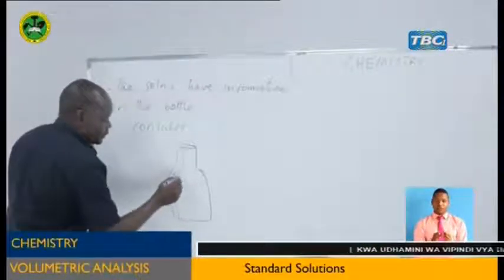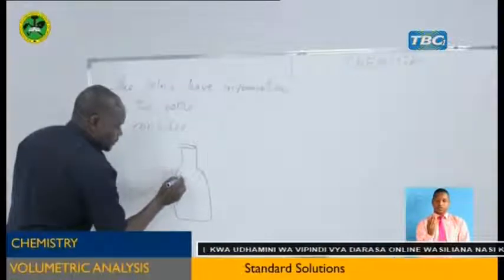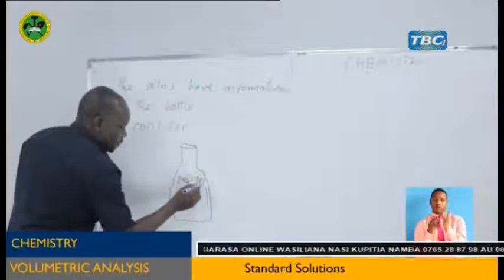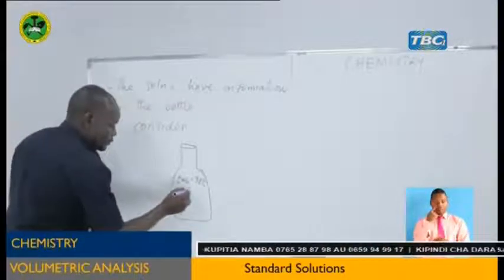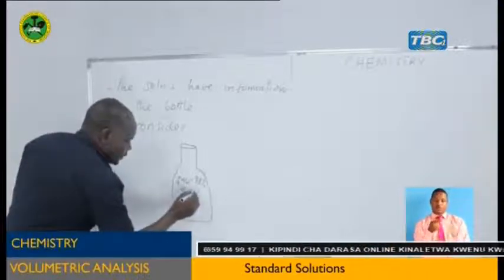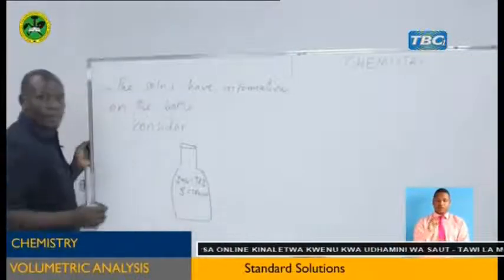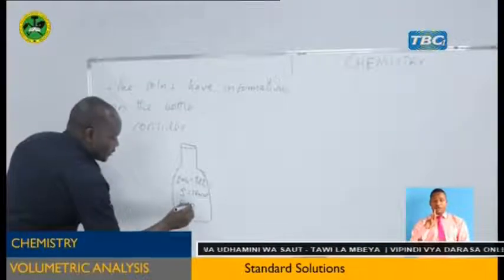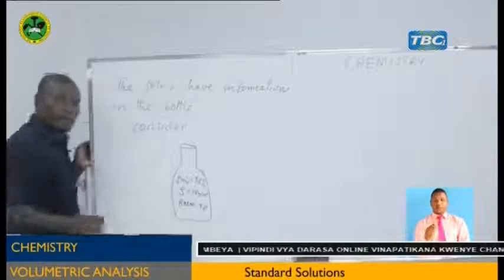For sulfuric acid, the percentage purity, which is weight by weight, is 98%. You will also be provided with the density. For sulfuric acid, the density is 1.80 gram per cubic centimeter. And you will also be given the relative molecular mass, which for sulfuric acid is 98.